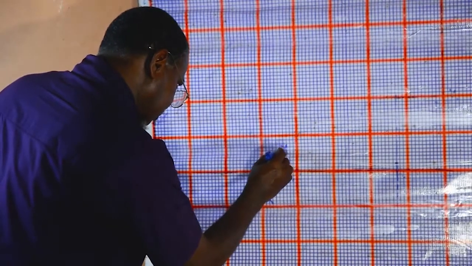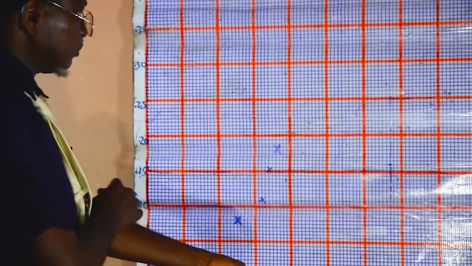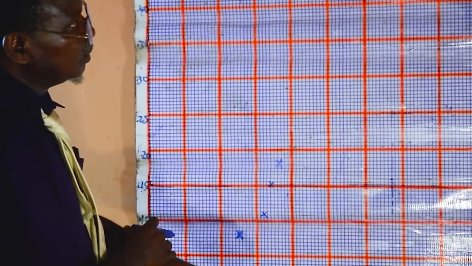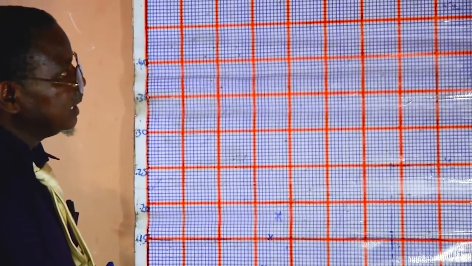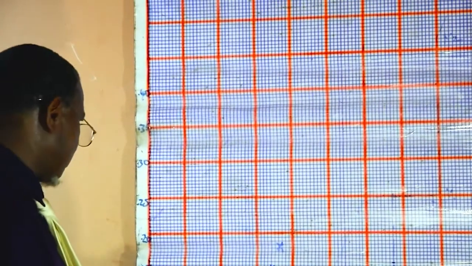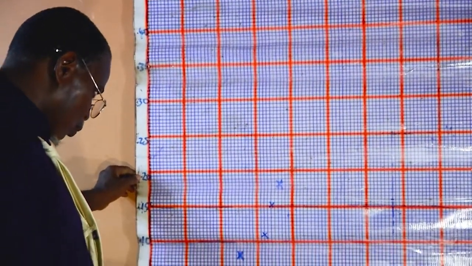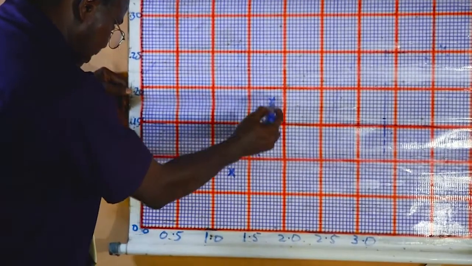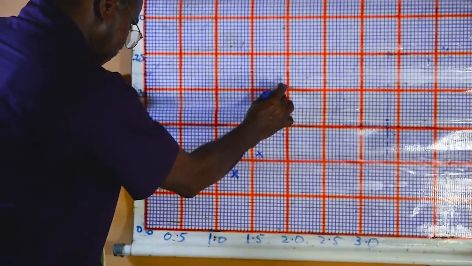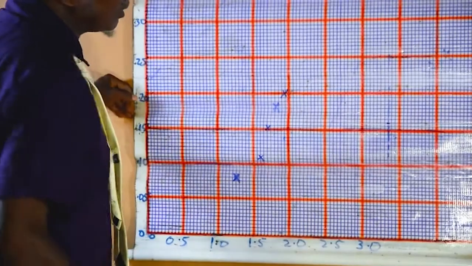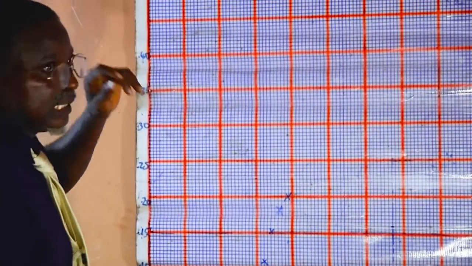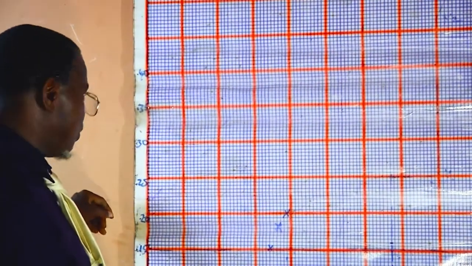Then 0.20 against 1.85. 1.85 will be here. 0.23 against 1.90.